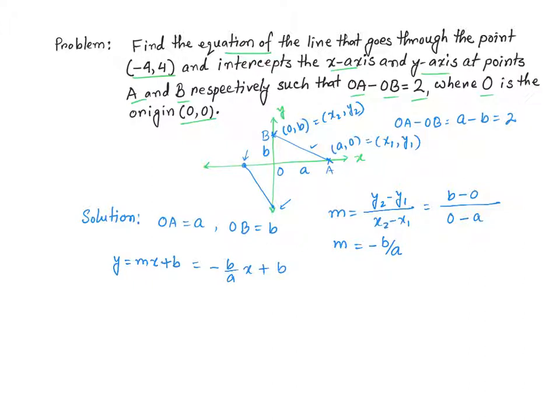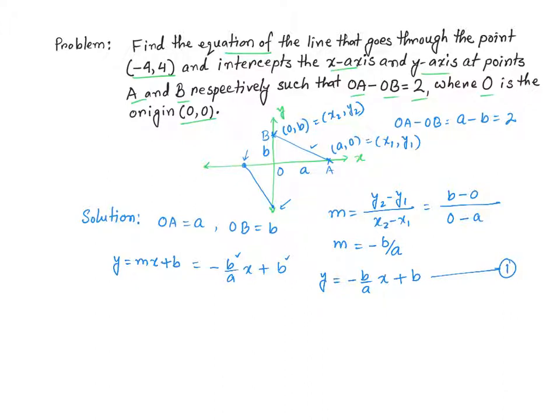Coincidentally, this b and this b are the same thing in this case. There could be a point where it could be slightly confusing, but I think we are okay here. So my equation is going to be y is equal to negative b over a, x plus b. Let's label this as equation number 1.